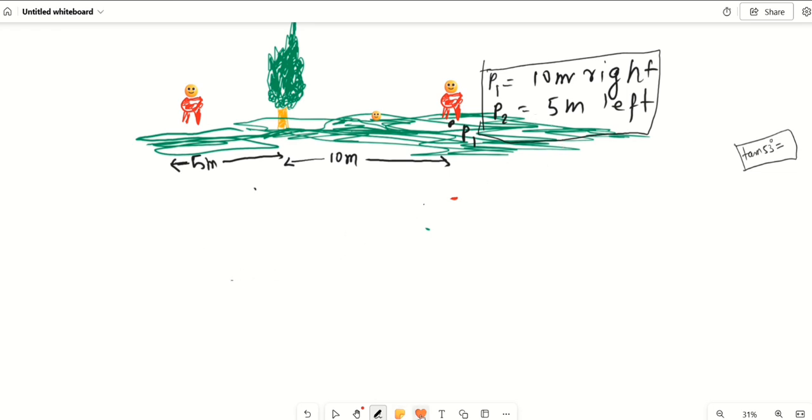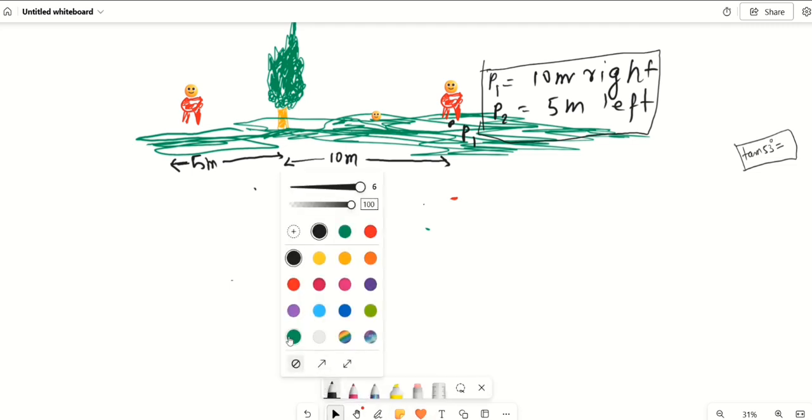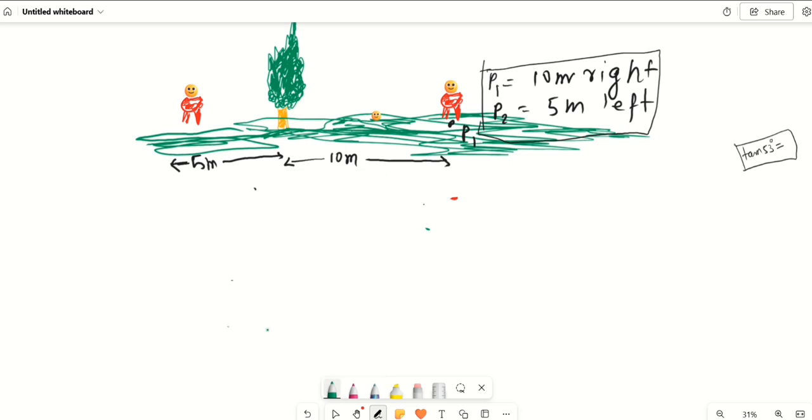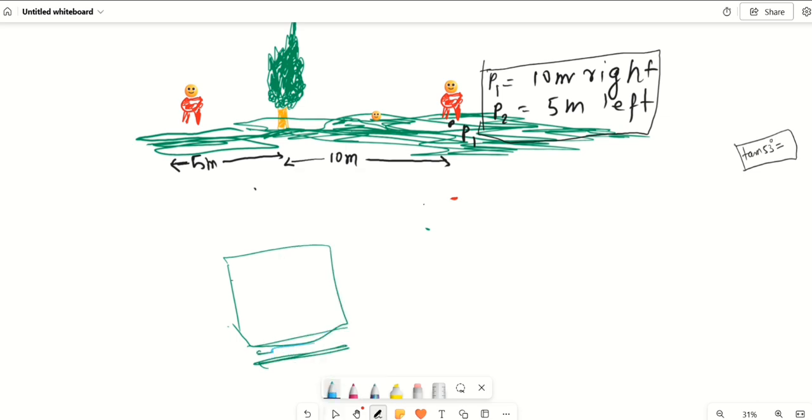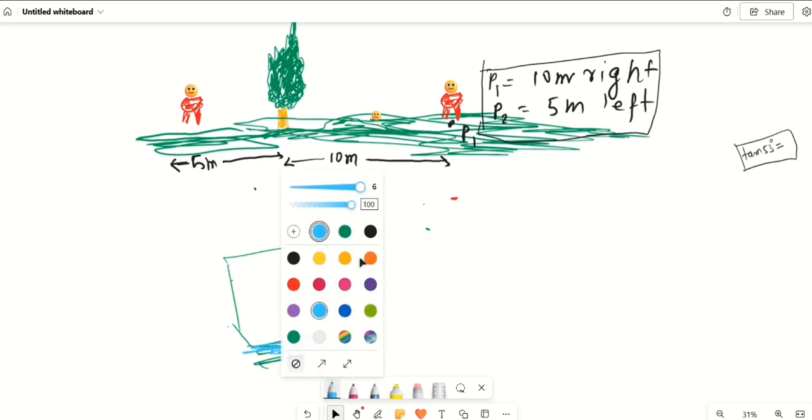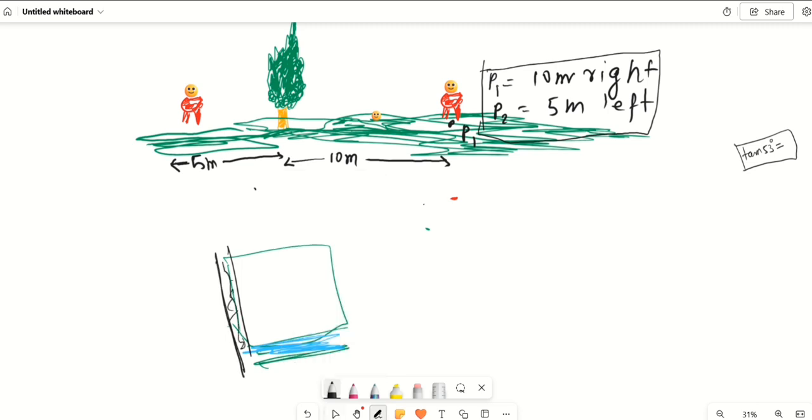Now suppose this is a field, right? And this is a river, and this is a highway crossing the river, right?